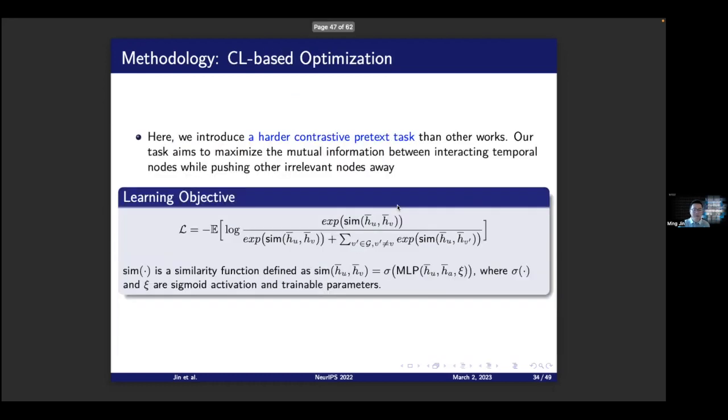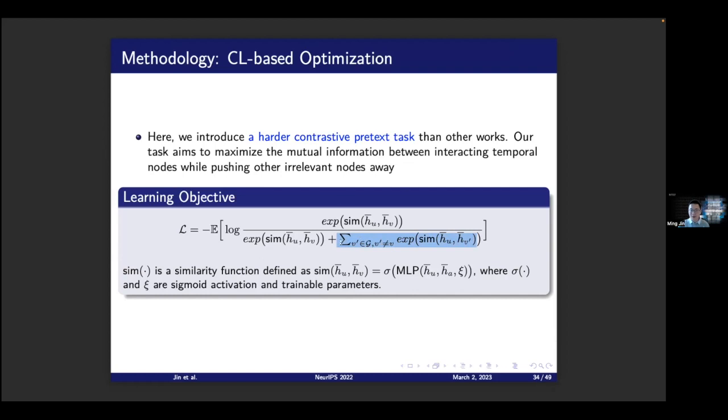Finally, given the model, we train the entire network with a harder contrastive pretext task instead of the BCE loss that's widely used in many works. The key idea behind it is that we are trying to maximize the mutual information between the interacting temporal nodes while pushing the irrelevant node pairs away. Those irrelevant node pairs can be regarded as negative samples, as demonstrated here, with a certain budget, of course.